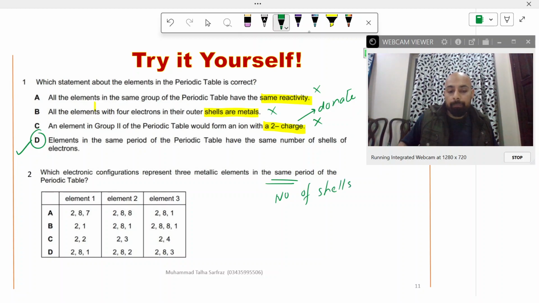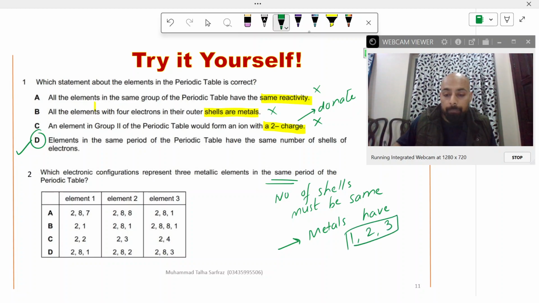Number of shells must be same. ठीक है, and just remember this thing, it's a key point over here. आपको बताता चलूँ मैं कि metals are good donors of electrons. ठीक है, we have discussed this in the class as well, that they donate electrons. So most of the metals possess 1, 2 and 3 electrons in their outermost shells.